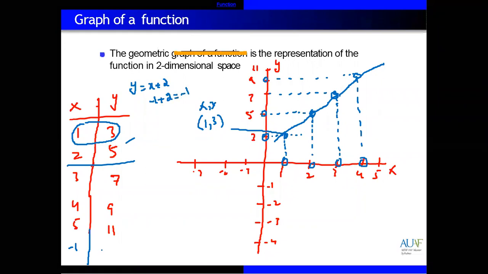Plus 1. So x is -1, y value is plus 1 here. So joining these 2 points, this will give you a point here.